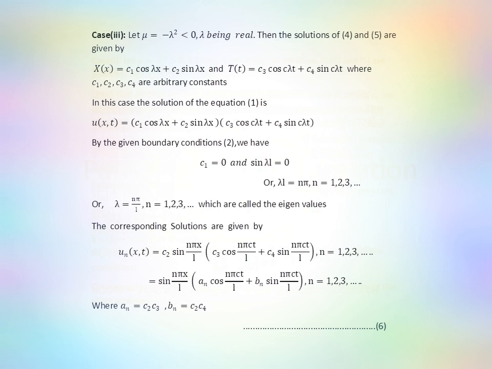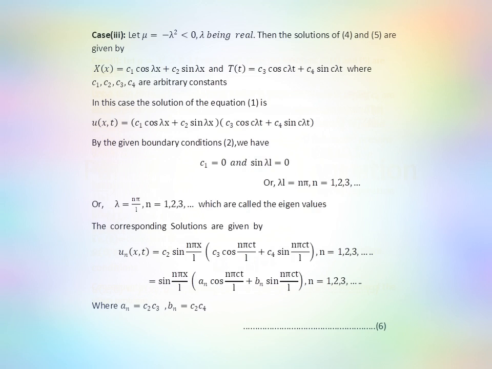So the corresponding solutions are given by u_n of x,t equal to c2 multiplied by sin n pi x by l, multiplied by c3 cos n pi ct by l plus c4 sin n pi ct by l, where n equal to 1, 2, 3, and this is equal to sin n pi x by l multiplied by a_n cos n pi ct by l plus b_n sin n pi ct by l, where a_n equal to c2 c3 and b_n equal to c2 c4.